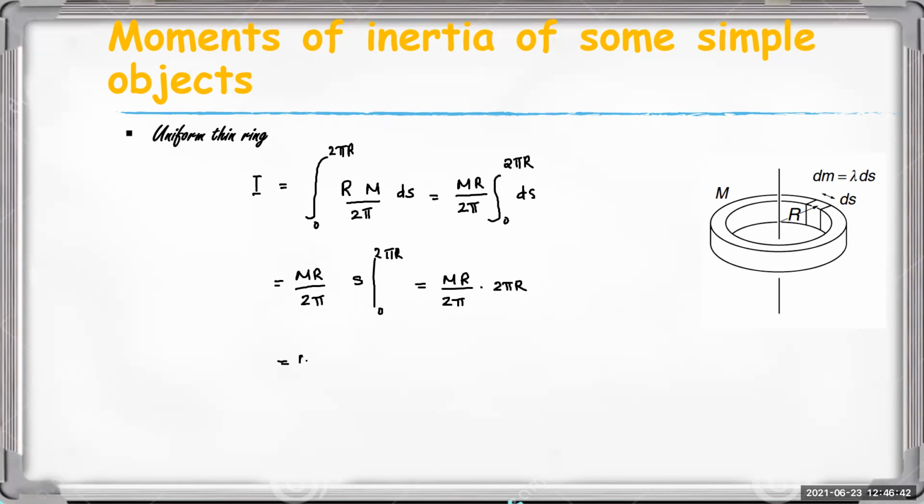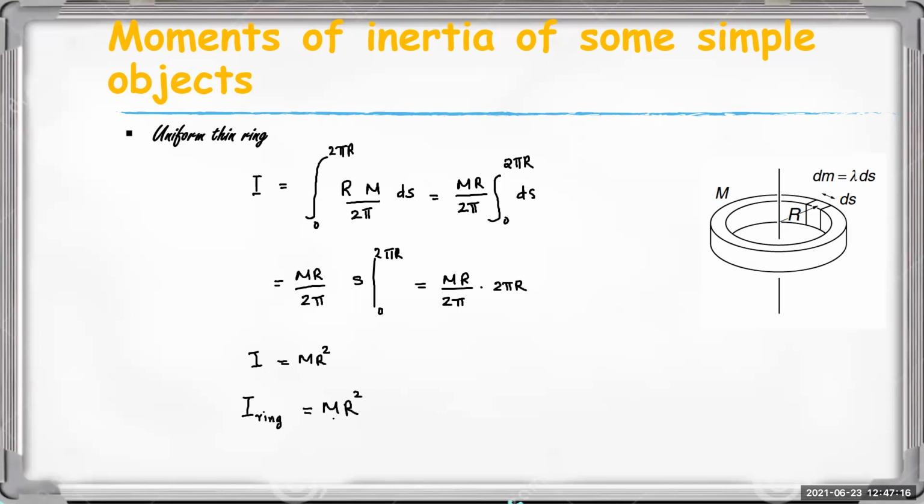Then we get mr square. So I is equal to mr square. So the moment of inertia of this ring about an axis passing through its center and perpendicular to the ring is obtained as mr square.